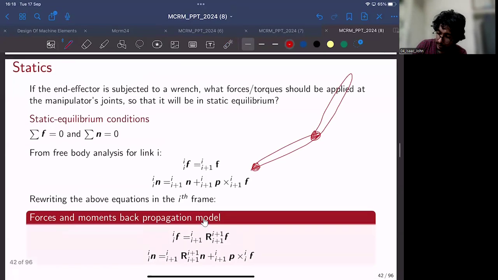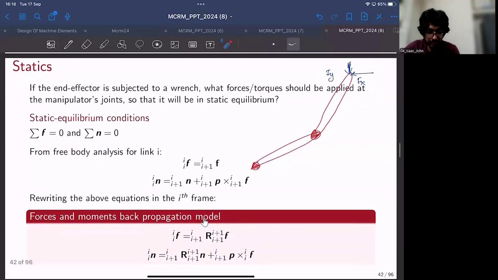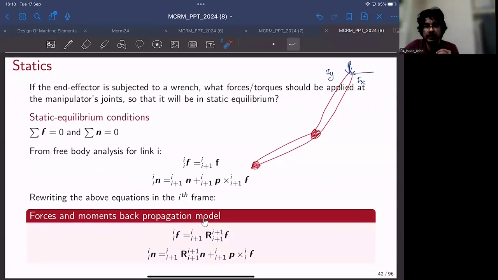If you are exerting some forces, I'll label these as Fy and Fx, on this end effector, what should be the torque that you need to supply at the joints so that the mechanism remains in static equilibrium? Those sort of problems are addressed by robot statics. The robot is considered to be static. It's not mobile.